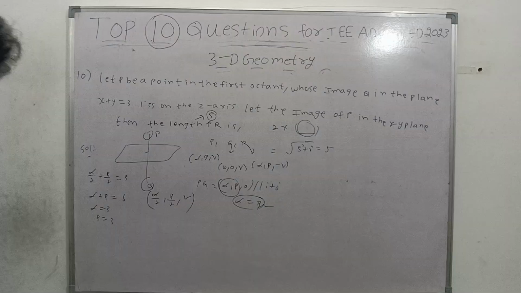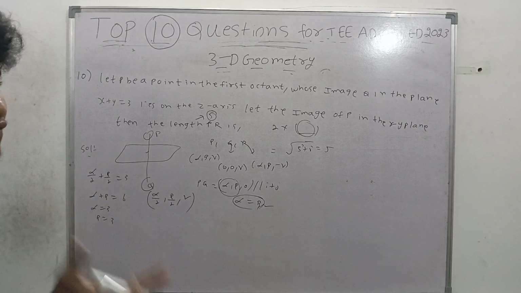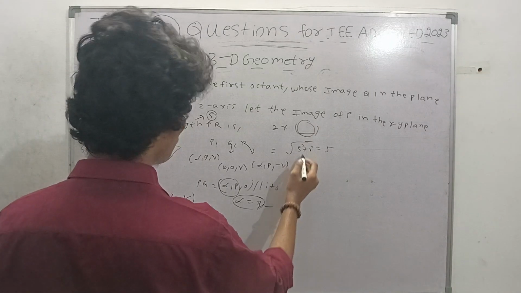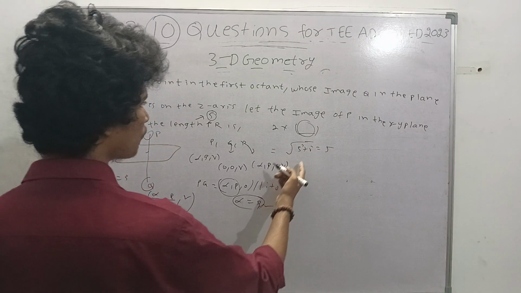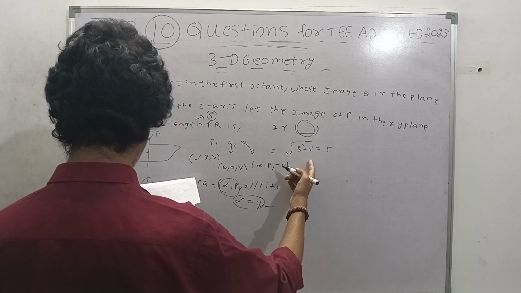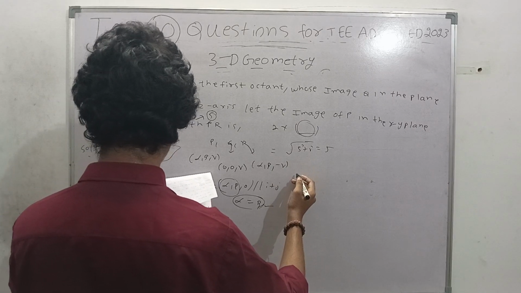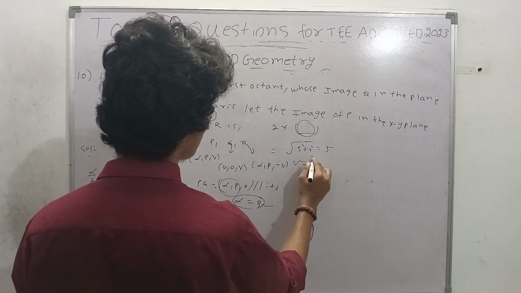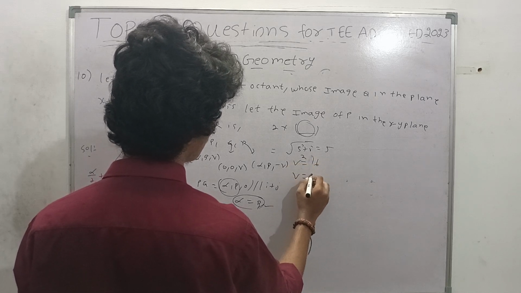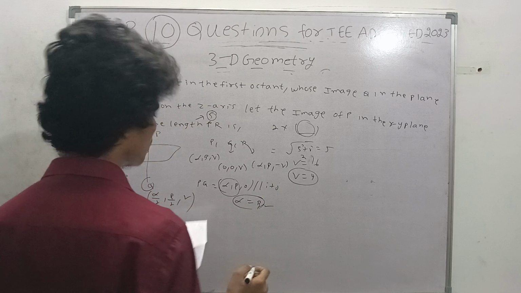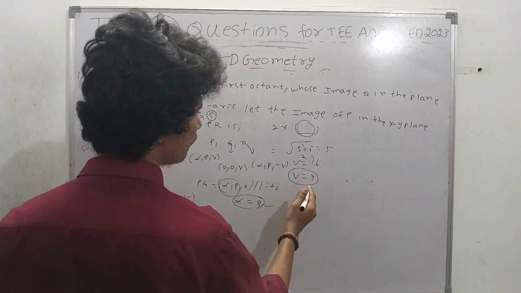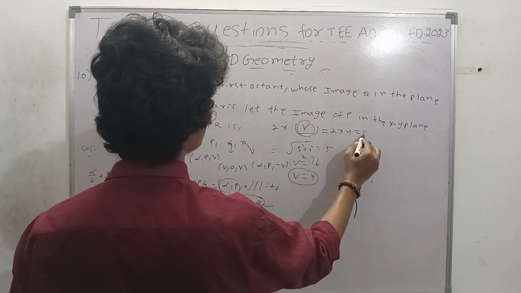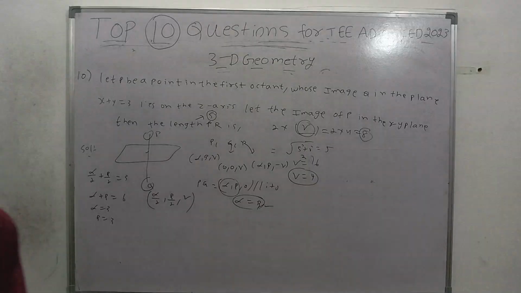If you solve this, gamma square will be equal to 16. Gamma equal to 4. And when gamma equal to 4, we have to multiply by 2, so it is 2 into 4. It will be 8. Like this you have to solve.